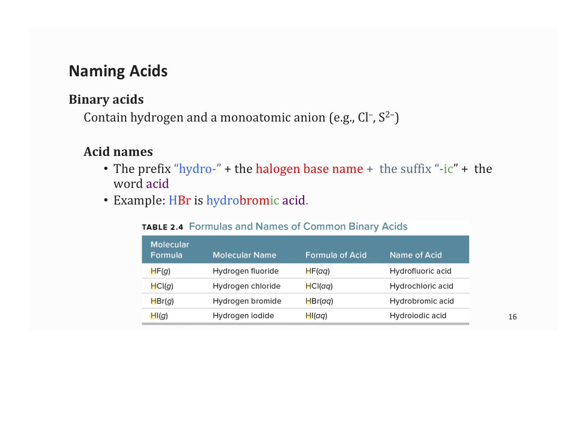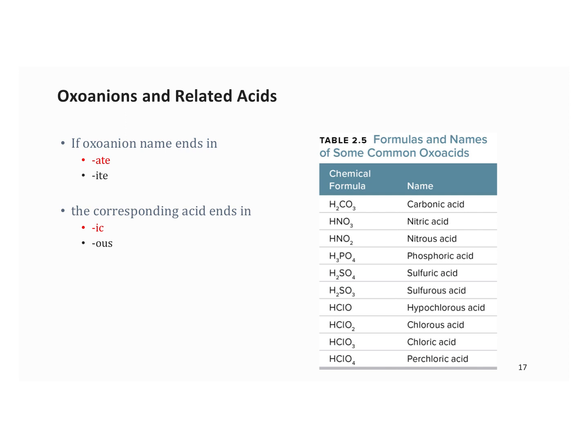If it's just an H and a monoatomic ion, use the prefix hydro, the halogen base name, and then the suffix ic, and then the word acid. So HBr is hydrobromic acid. Now, there are other acids that are based on oxoanions. So here are some examples. We've got sulfuric acid here, and then, for example, sulfurous acid here.